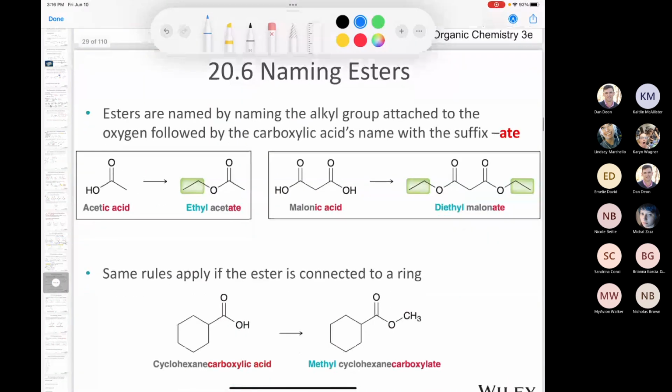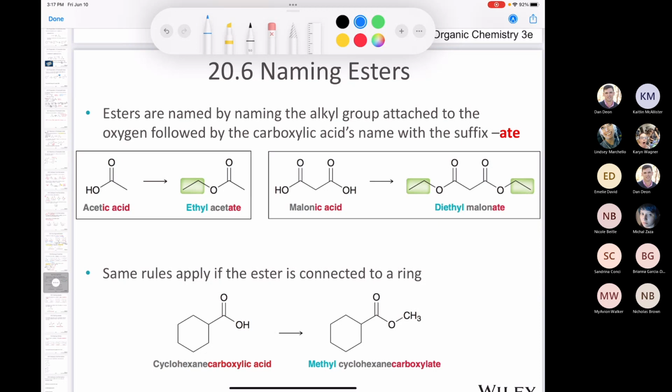For naming esters, esters are kind of interesting to name because what we do is we name the alkyl group that's attached to the sp3 hybridized oxygen first, and then we name the rest like it's the carboxylic acid, but we replace its suffix from -ic or -oic acid to -ate or -oate, depending on the situation.